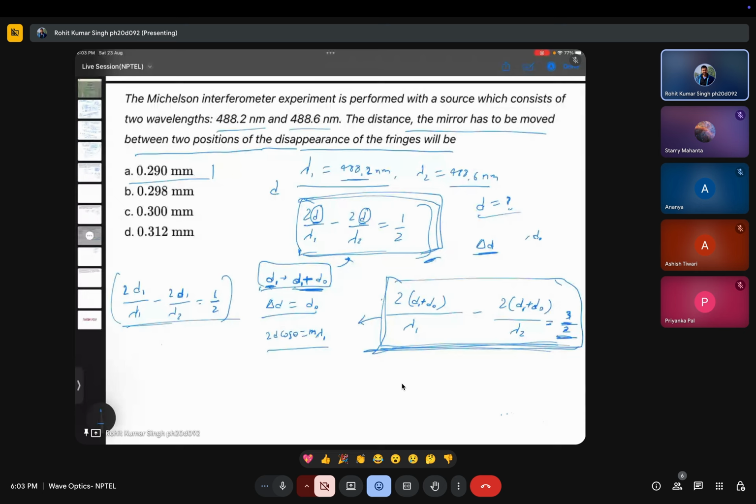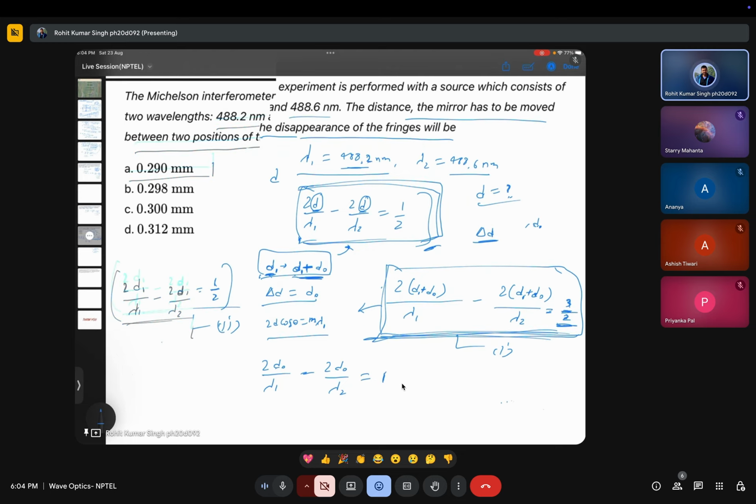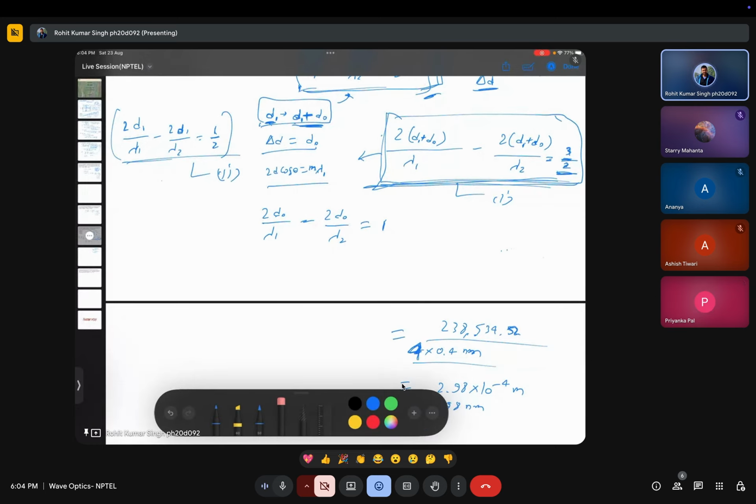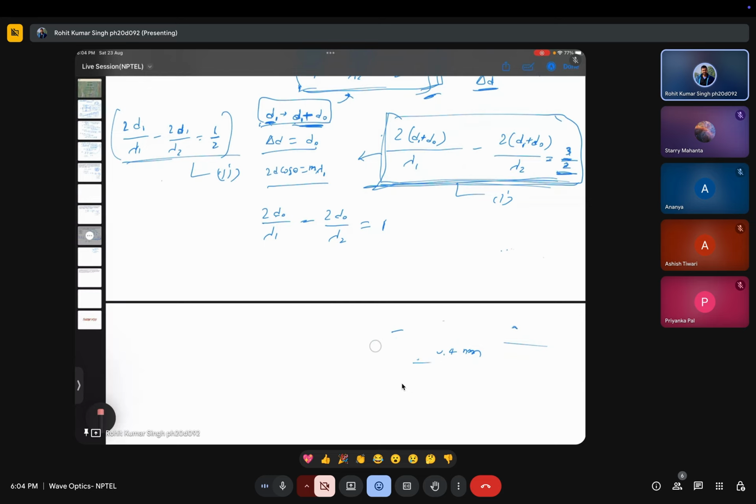Sorry, I was being stupid. So now you subtract. This is equation 1 and equation 2. Now you subtract, what you get is 2d naught by lambda 1 minus 2d naught by lambda 2 equal to 1. That's why I was confused when the factor 4 was there, because I know that it should be 2.